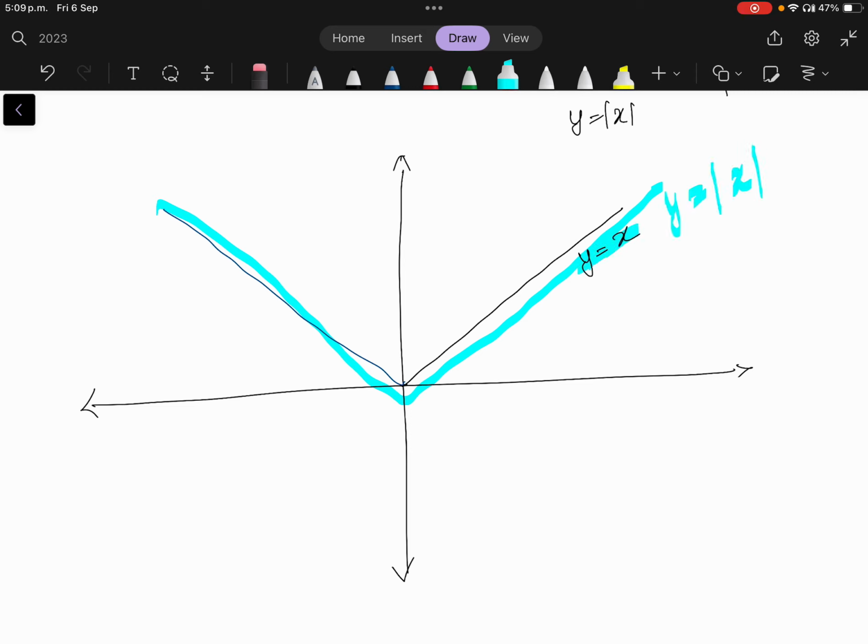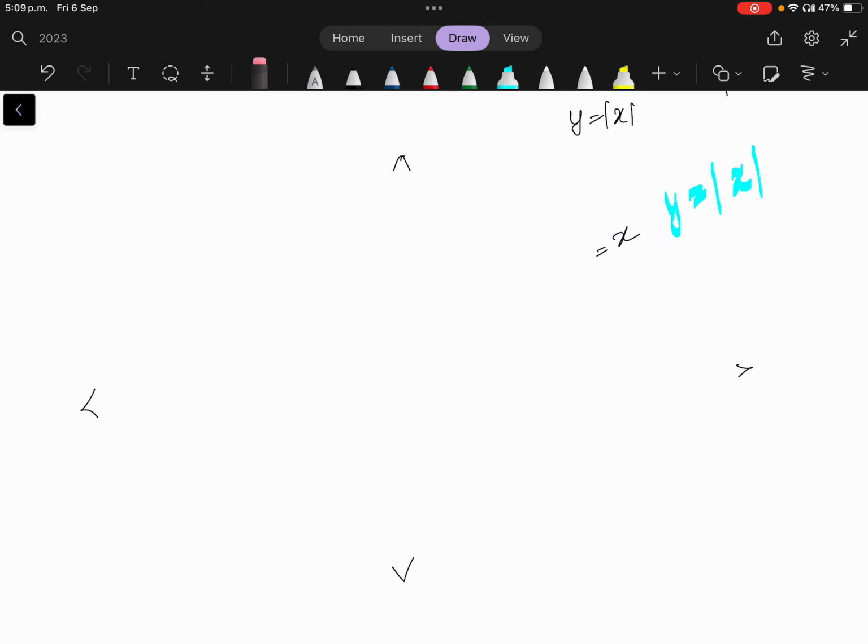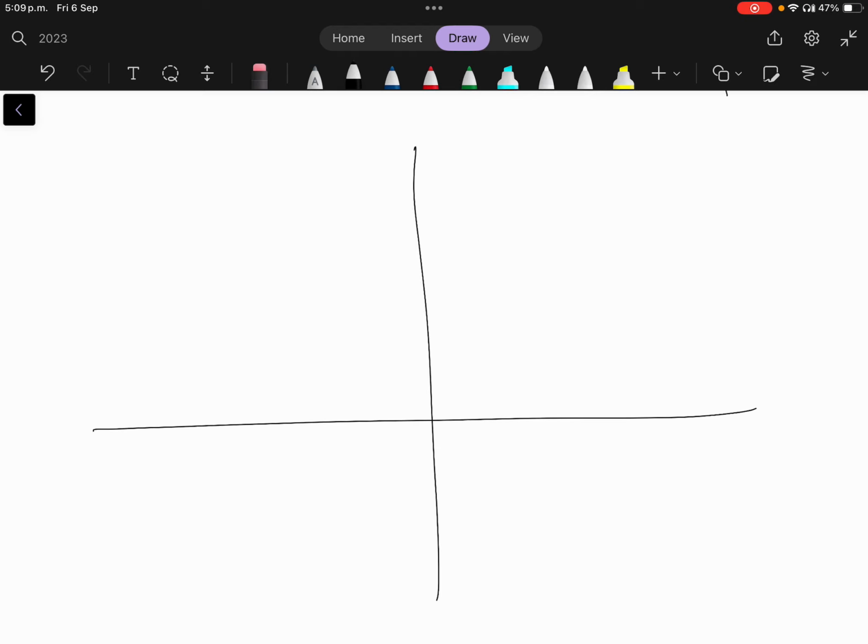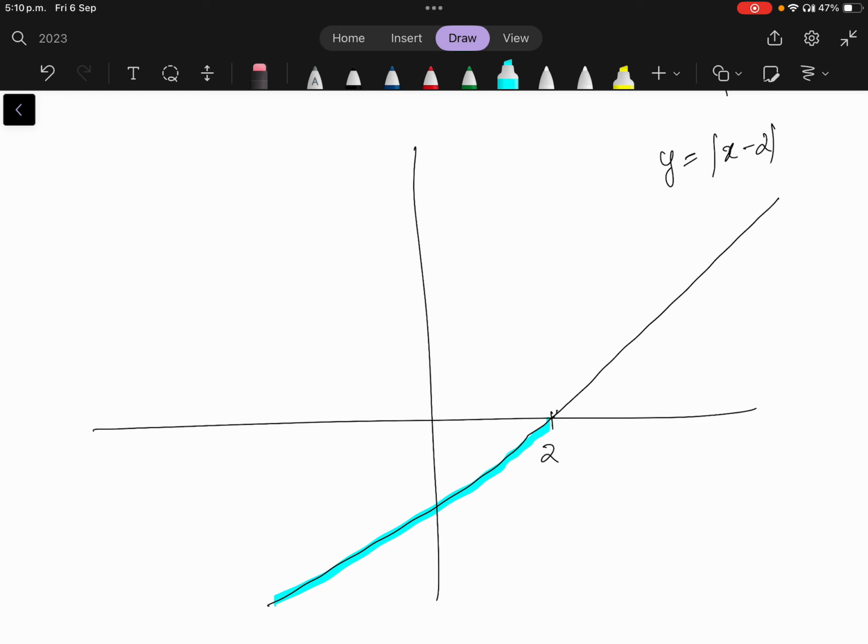Understood? Okay, now what will you do if it is y is equal to modulus of x minus 2? So x minus 2 will be starting like this, it will be going like this. If you need to draw modulus of x minus 2, you take off this and you draw a reflection of it like this, the exact reflection you have to draw.